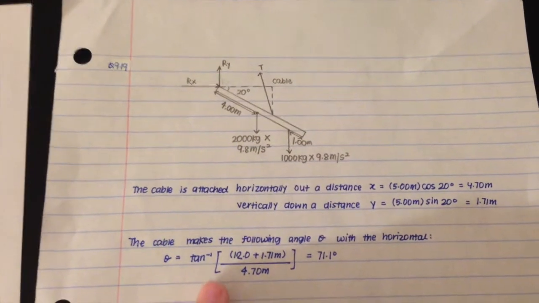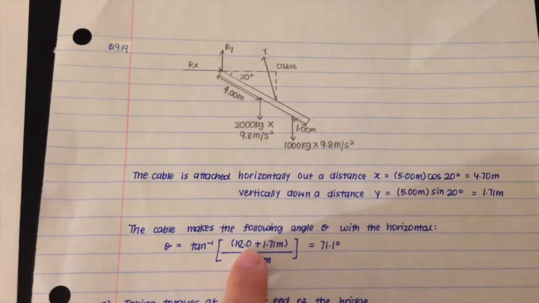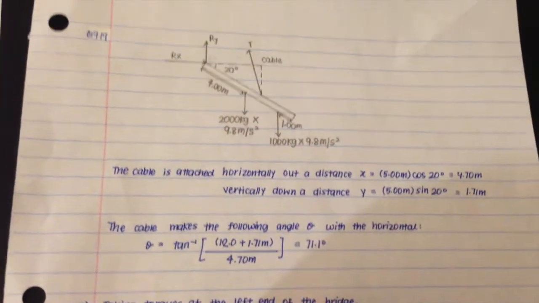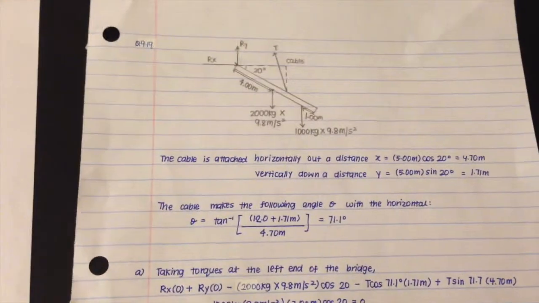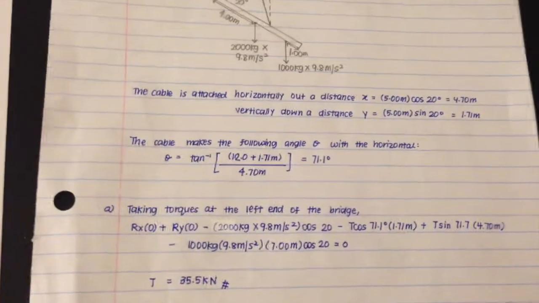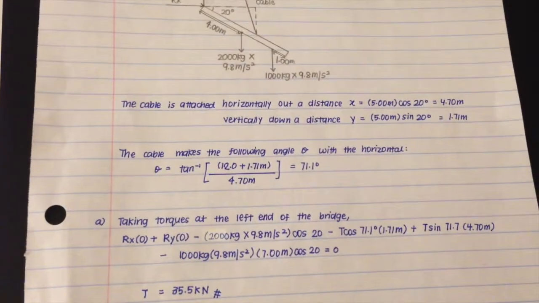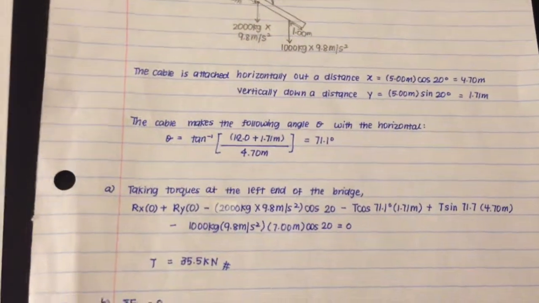For y, I add the 12 meters from the question to the 1.71 that I got, and I got 71.1 degrees, and that's the angle that the cable makes with the horizontal.